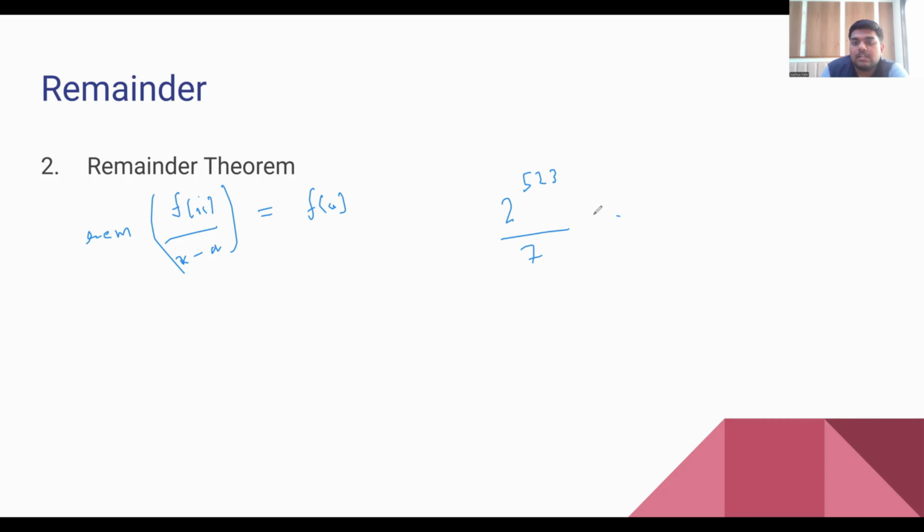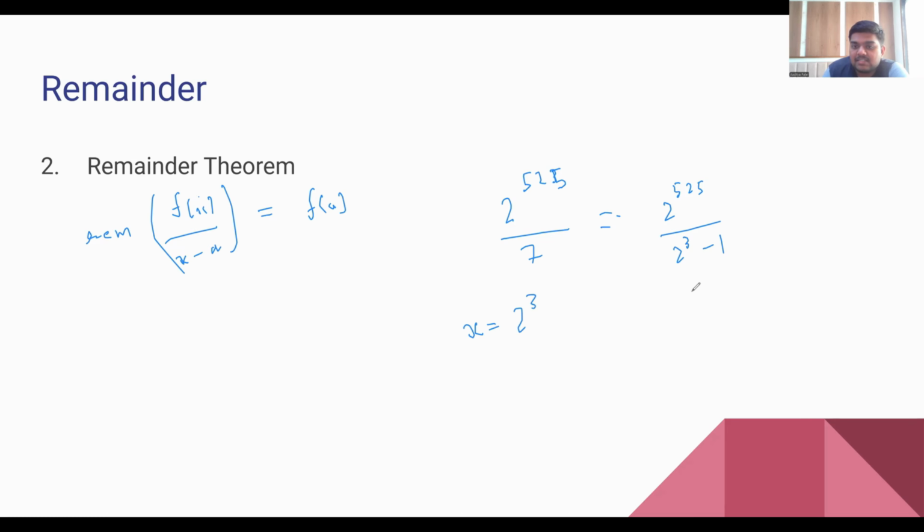7. Now, can you spot some pattern over here? Rather, let us say 525. Okay, for making our calculations easier. So 2 to the power 525 divided by 7. So it is equal to 2 to the power 525 divided by 2 to the power 3 minus 1. Now, let us say x is equal to 2 to the power 3.